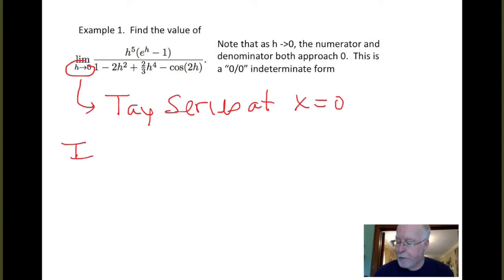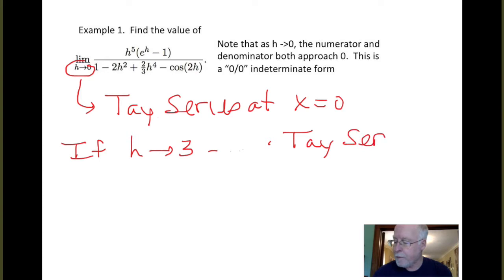If this had been something different, like perhaps h going to 3, we'd then probably use a Taylor series about x equals 3. Generally, most of the examples you'll look at will probably have h going to 0. So you can use Taylor series about 0, which we also call Maclaurin series.